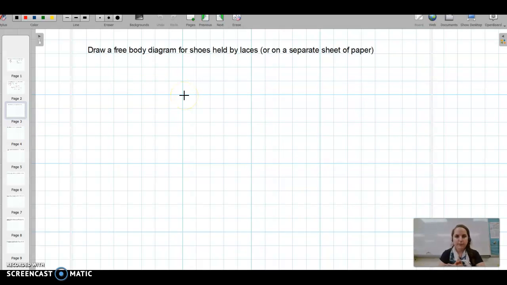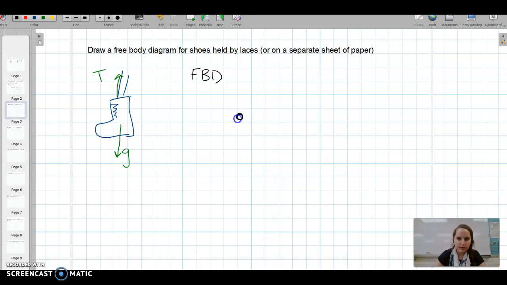So let's draw an FBD for shoes held by laces. Again, if you don't remember from the diagram, there were some shoes and they were being held by the laces only. Okay, so what are the forces acting on here? Well, let's just identify them before we draw the FBD, right? So we have the force of gravity, and then we have the tension force from these strings. Sweet, so let's draw the FBD.